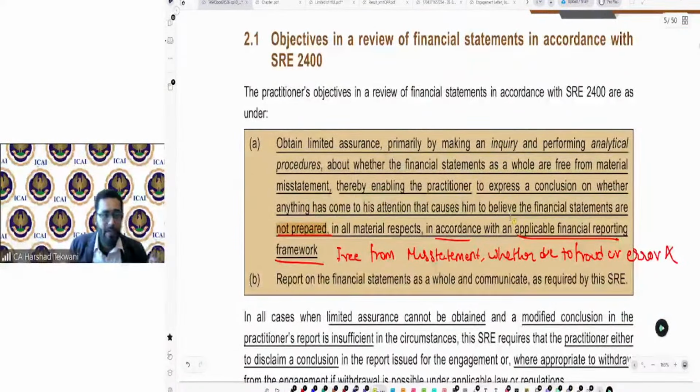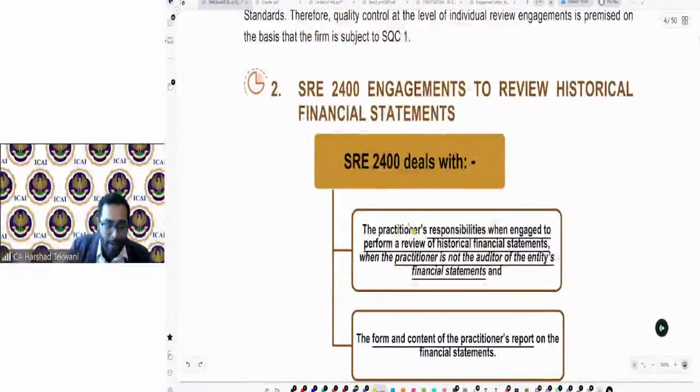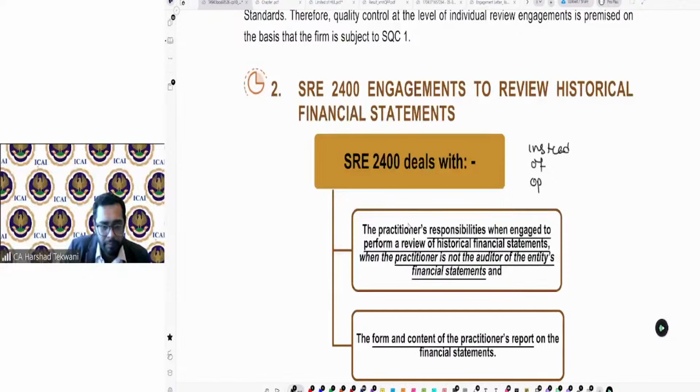So the objective of the practitioner over here is to obtain limited assurance primarily by making inquiry and performing analytical procedures to express a conclusion, not the opinion. So in SRE, instead of opinion, we use conclusion.